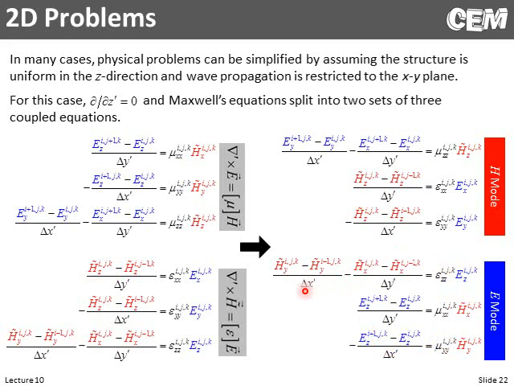So while each of these 3 sets of equations are coupled amongst themselves, no equations from the h mode contain any terms from the e mode and vice versa. So Maxwell's equations have decoupled into 2 independent sets of 3 equations. So in fact, given a device, we have to solve it twice now to know everything about it. One's for the H mode and one's for the E mode. And why we call them H and E mode will make sense in a little bit.